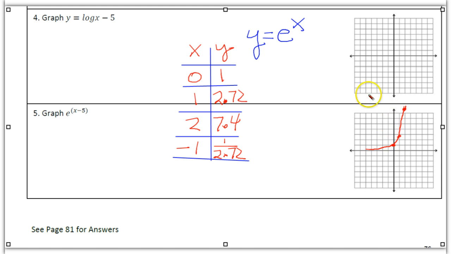Now what happens when we put in there, in parentheses, a negative 5? Does it shift it to the left to a negative 5? Or does it shift it to the right to a positive 5? Well, if you remember what we've been saying, when it's in a parenthesis, it's the opposite sign. So this is going to be shifted, and we could indicate that by just putting some more dots here, over 5 places. 1, 2, 3, 4, 5, a dot there.